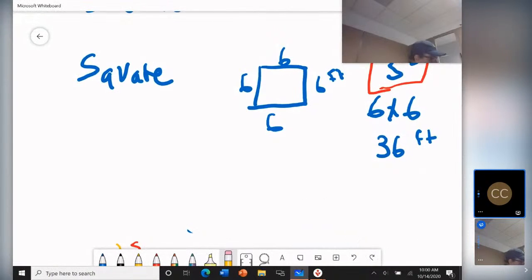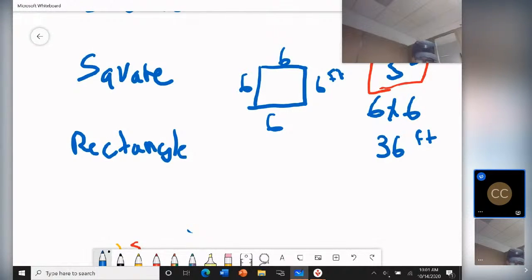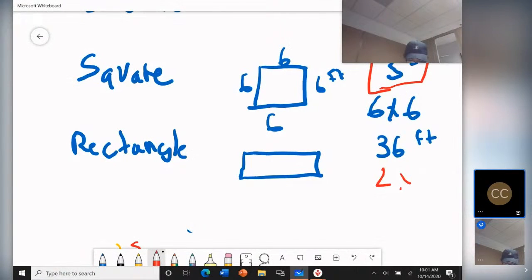The next one we're going to do is a rectangle. And the formula for a rectangle is going to be length times width.